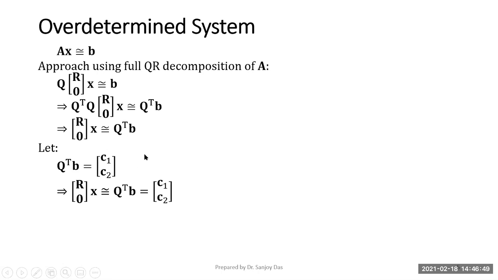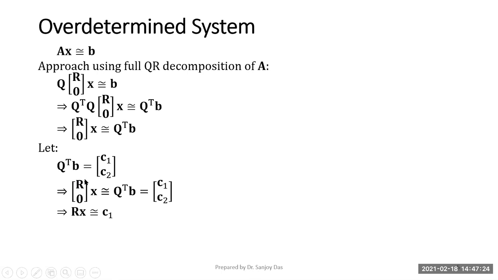C1, which will contain the first N, as in Nebraska, elements of this Q transpose B, and the remaining M minus N elements will be C2. Okay? So if that's Q transpose B, then what we have is R0 x is approximately equal to C1, C2. So reading off the first N rows, Rx equals C1.